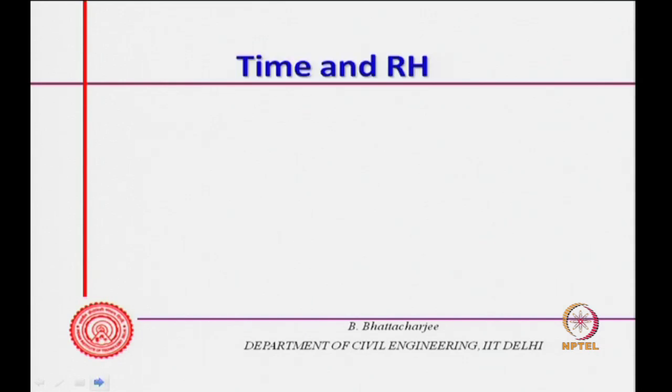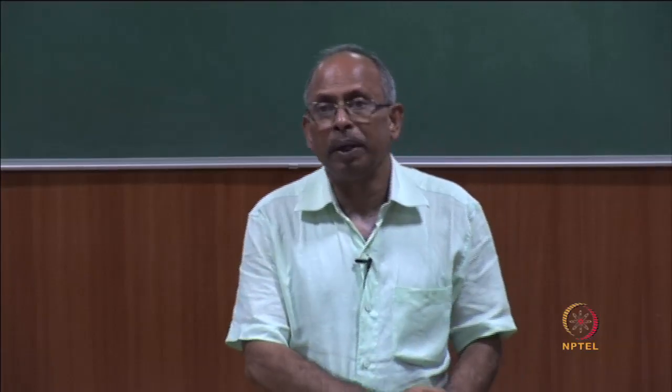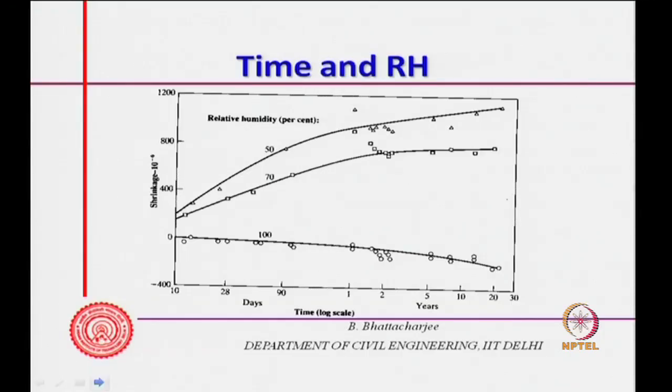So, this was water cement ratio and, of course, volume of aggregate. Then relative humidity and age. If this is age, we have seen earlier also that with age shrinkage increases. In this case, of course, there is a reduction if you have 100% relative humidity, which means that you will have some amount of swelling.